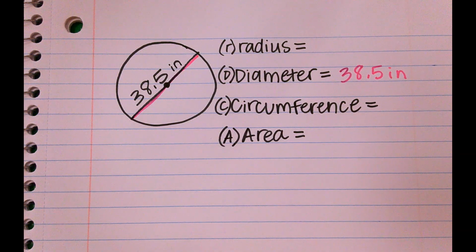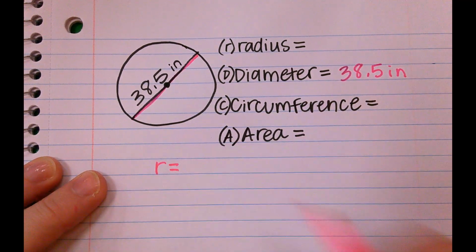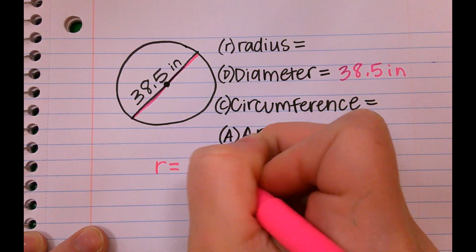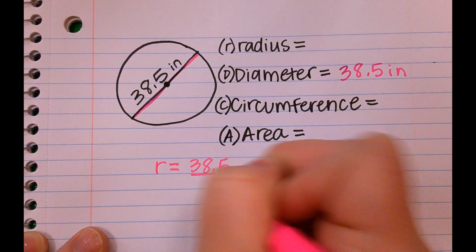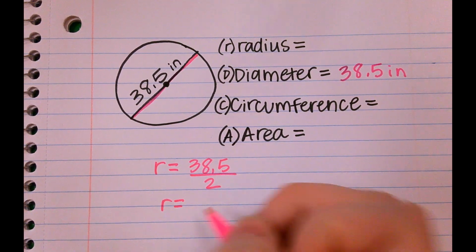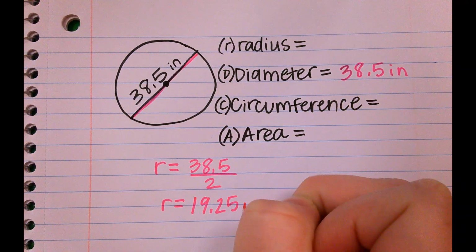Now that I have my diameter filled in, let's also find our radius. How could I find the radius? Divide it by 2. So I'm going to write over here radius equals my diameter, 38.5, divided by 2. 19.25 inches.